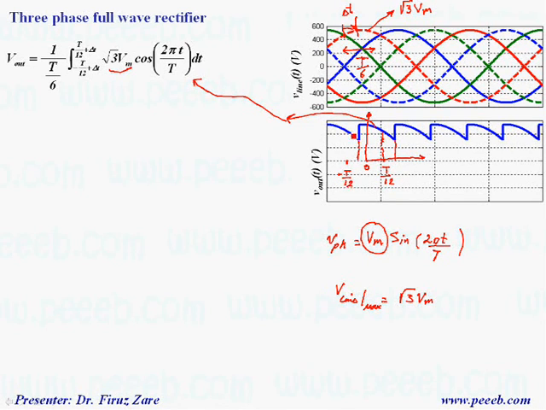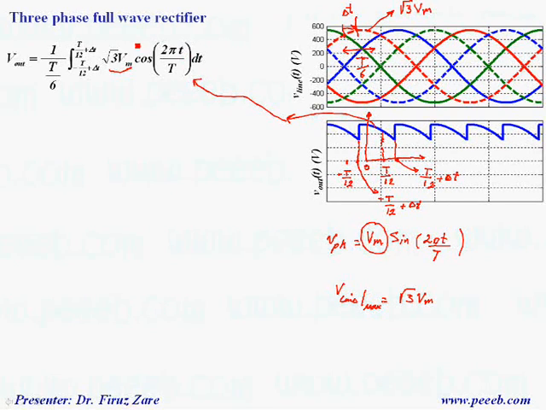Because the firing time interval is defined as delta t, the lower limit of the integral here is minus T over 12 plus delta t, and the upper limit is T over 12 plus delta t.